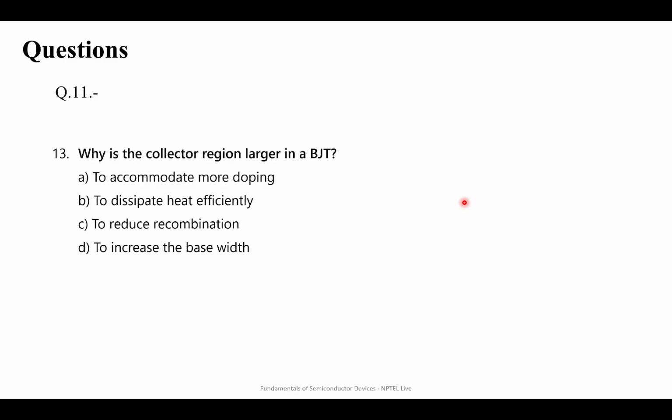D, sir. The answer to this would be to dissipate heat efficiently. Since the collector region has a high current, it will generate more heat. So it is made a very large region so that we can dissipate that heat.